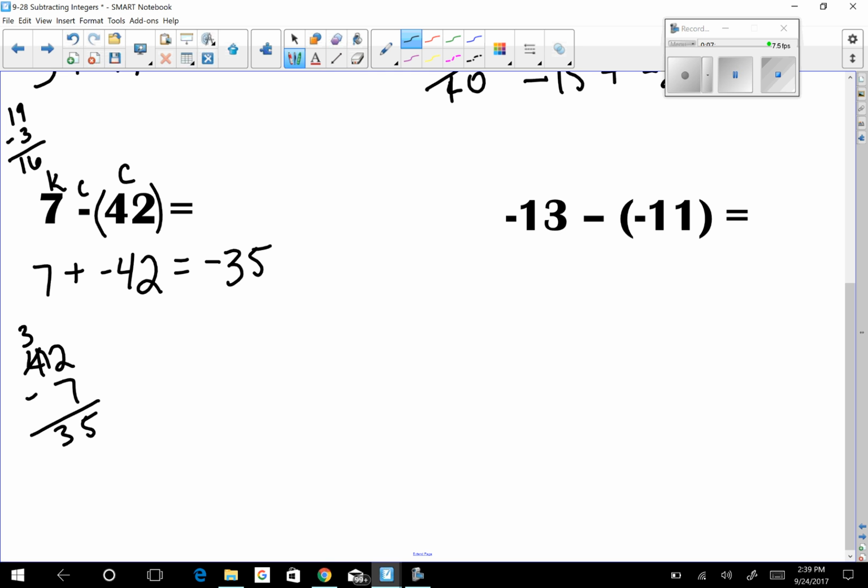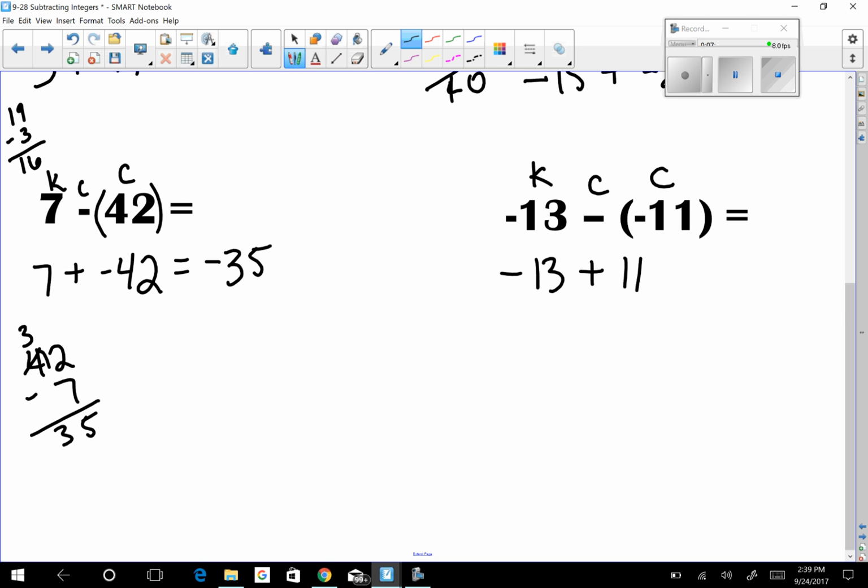Another example. Negative 13 minus negative 11. Keep, change, change. Keep the negative 13. Change your subtraction to be addition. Change this guy's sign. It's negative, so now it becomes positive.